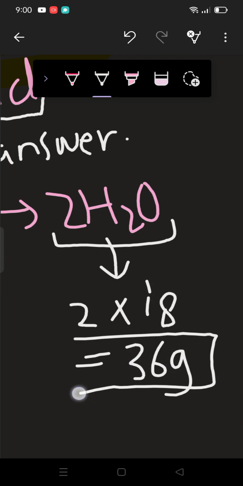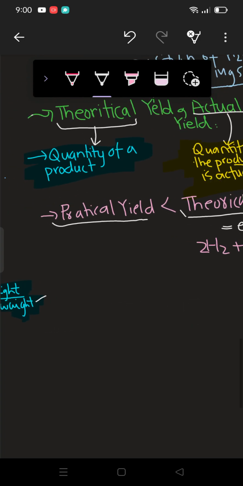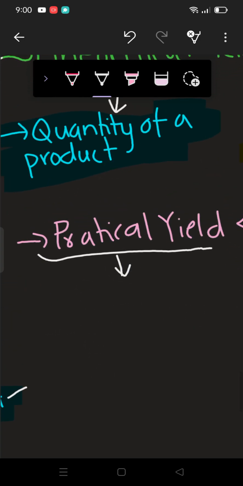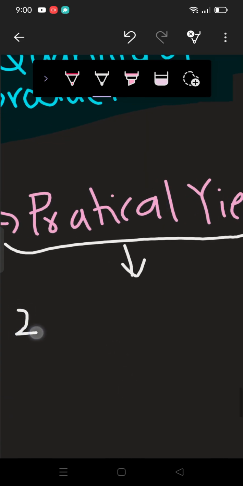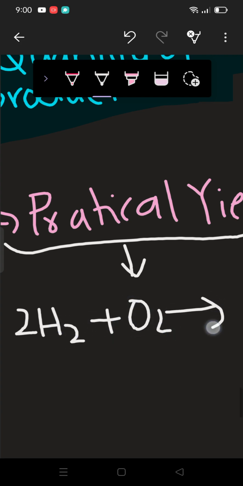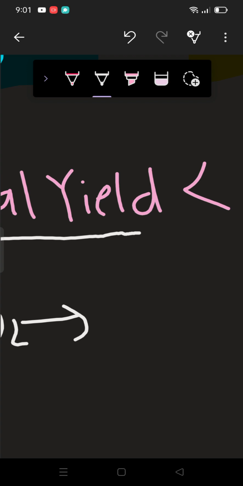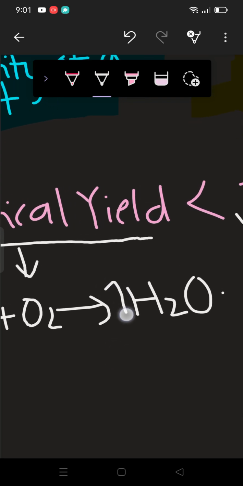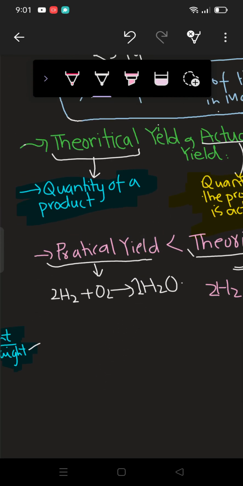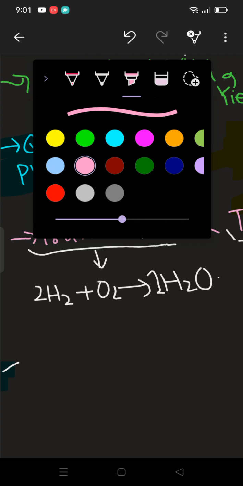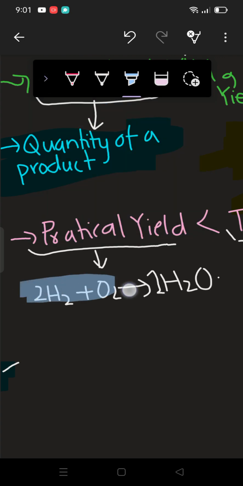36 gram. But the practical yield is basically the quantity of a product which is actually produced by a chemical reaction, right? So basically we have 2 hydrogen, 1 oxygen molecule. Of course we know that it is going to produce 2 molecules of water, but instead we have got only 1 mole of H2O. So where has 1 mole gone, right?